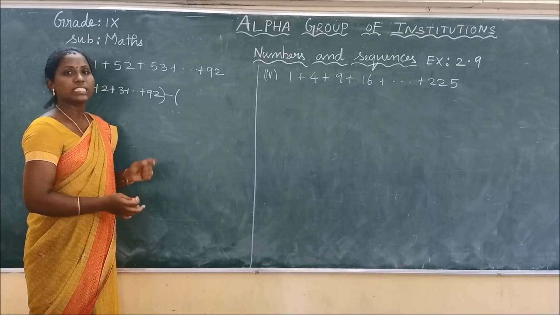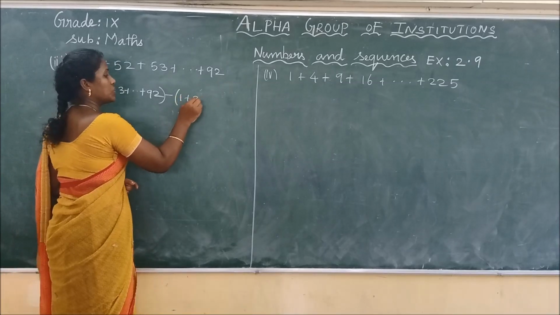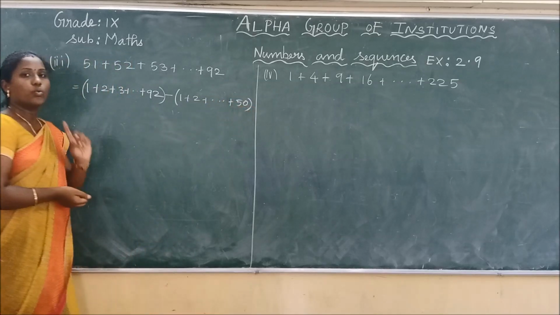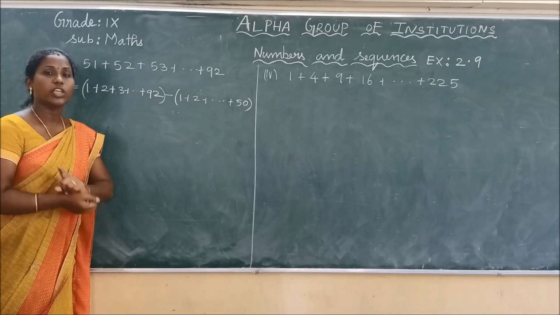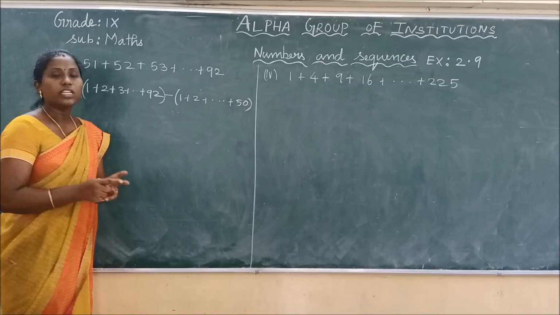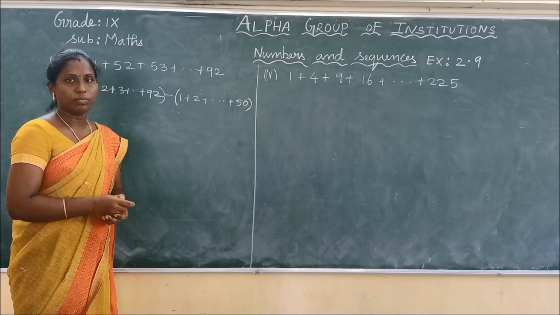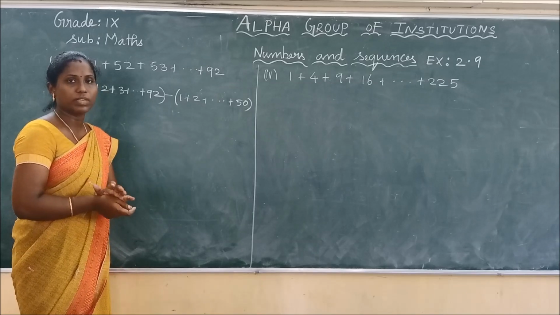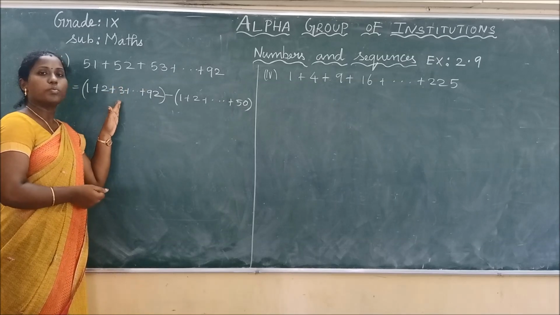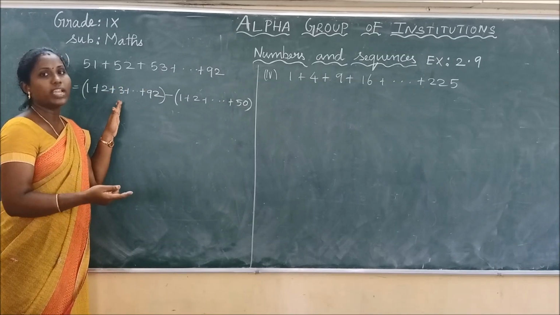So we are going to subtract here 1 plus 2 plus etc. plus 50. See, whenever the series is given, we have to check. We are going to use the special series formulas first. The series should start from the first natural number. If it does not start with it, and we are having any other continuous series, we have to do the problem in another way like this.